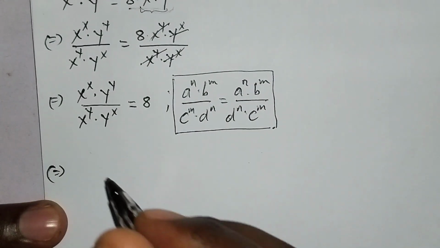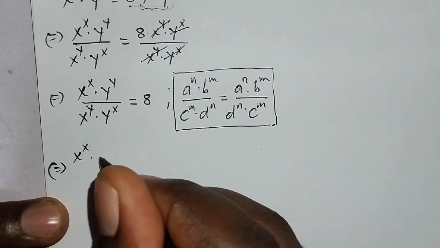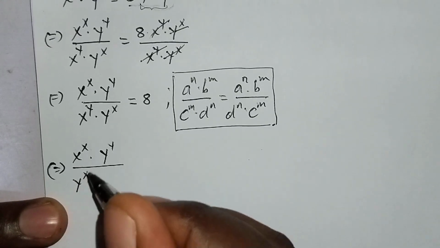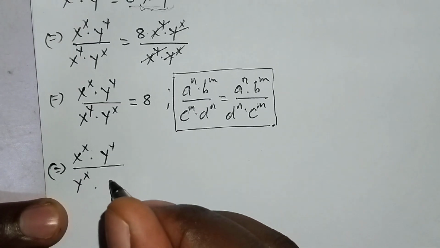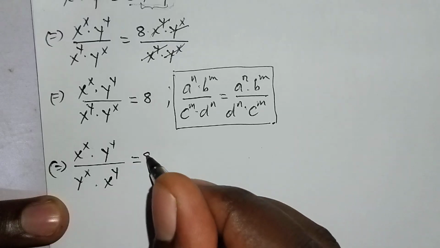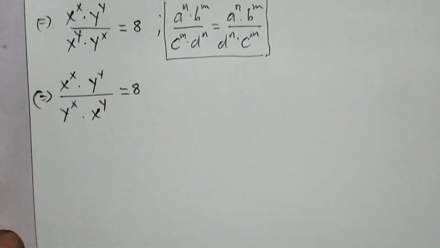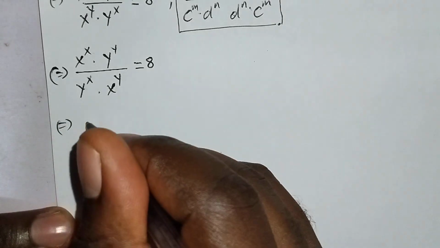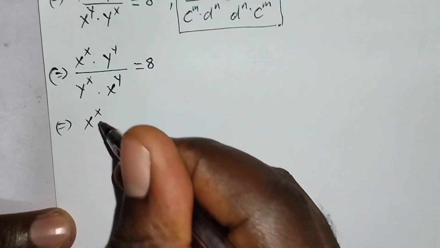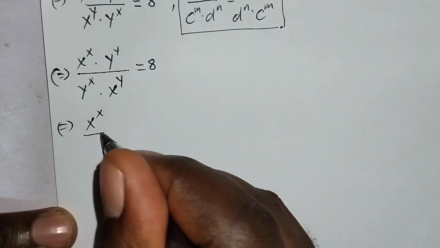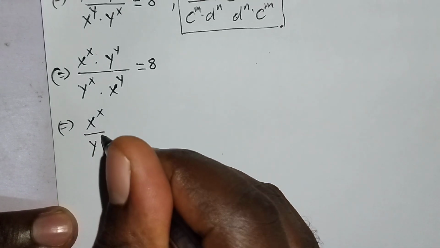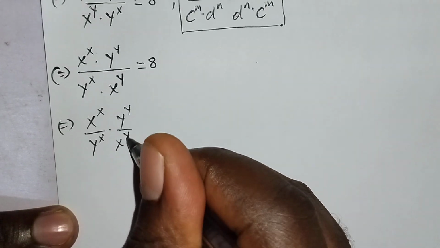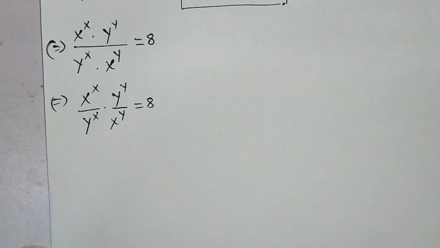So it is x power x times y power y over y power x times x power y, which is equal to 8. So it is x power x over y power x times y power y over x power y, which is equal to 8.